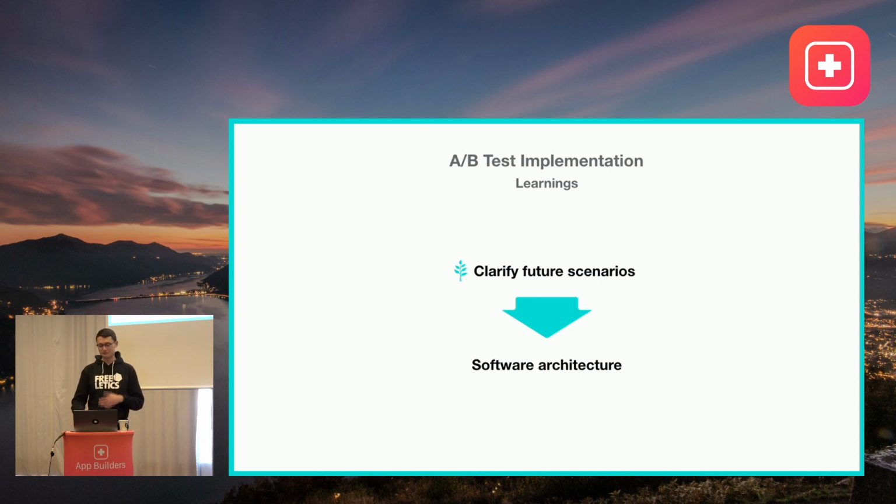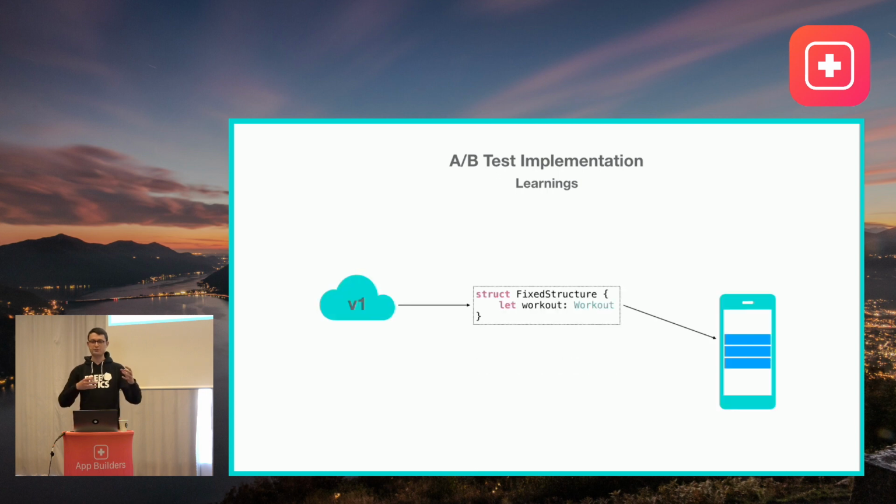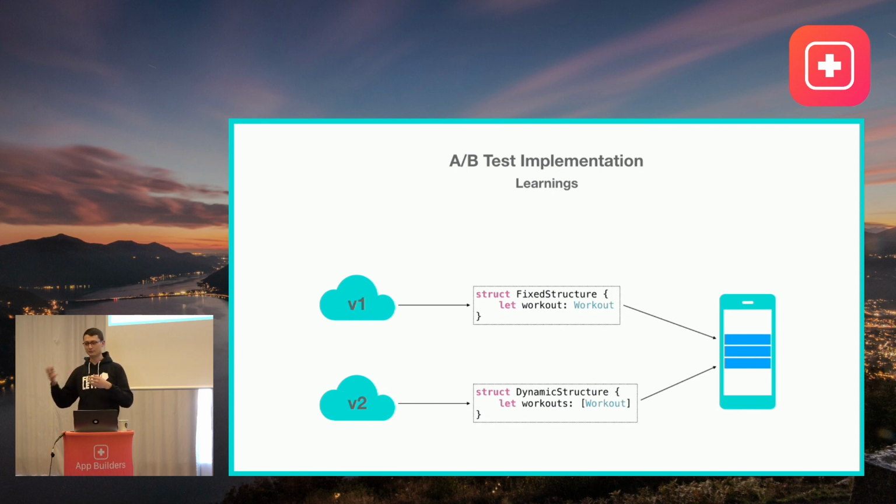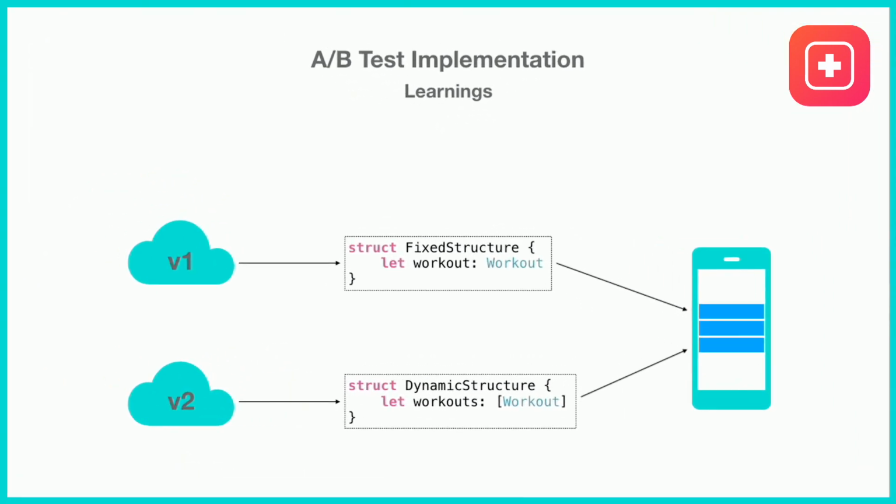And here I will bring a simple example of a bad decision I made in my past. We had a screen where we fetched data with one workout inside from the server and presented it as a list. Don't ask me how we came to that. It just happened. And as an A/B test, we wanted to build another feature which was supposed to have the same UI, but a completely different data structure and logic behind.